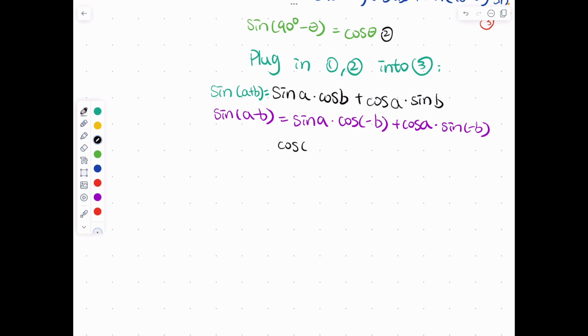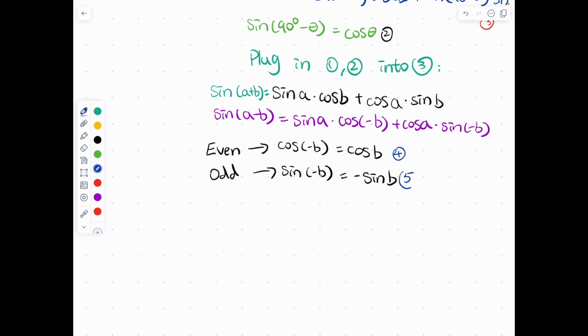Cosine of negative b is equal to cosine of b, right? Because cosine is an even function. And sine of negative b is equal to negative sine of b, because sine is an odd function.